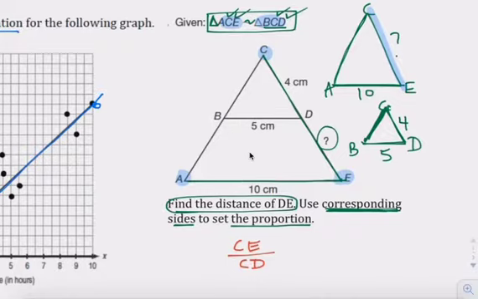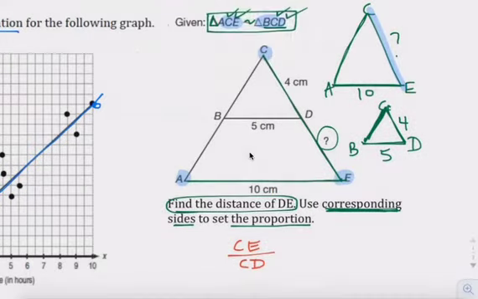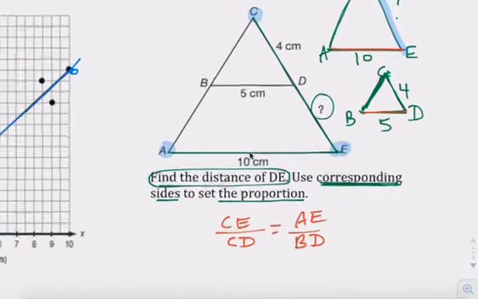And then the other one we know is AE, which is 10, and it's BD. So that's equal to AE over BD. Okay, BD is 5. So substitute the numbers in.